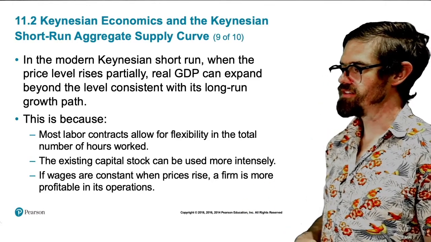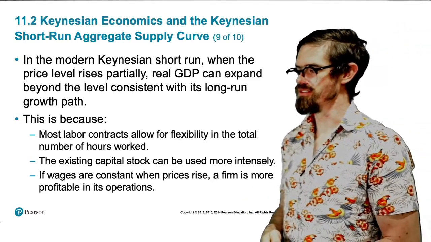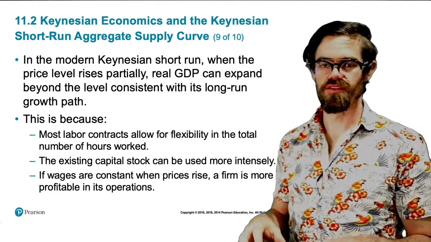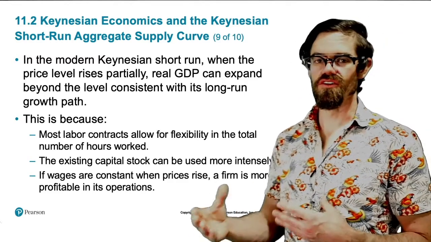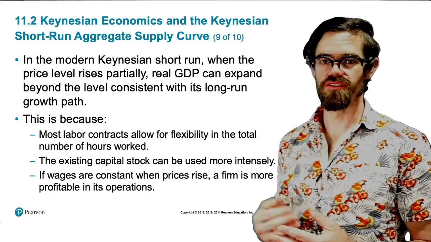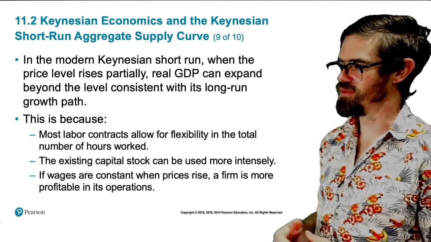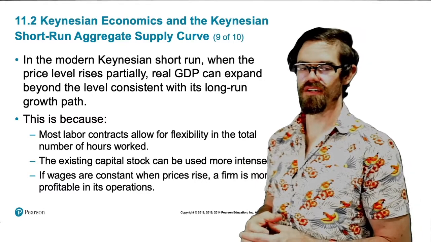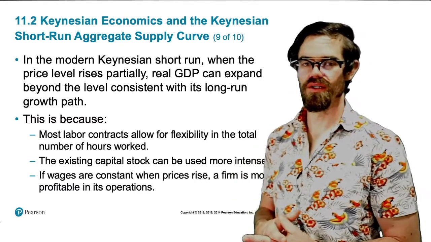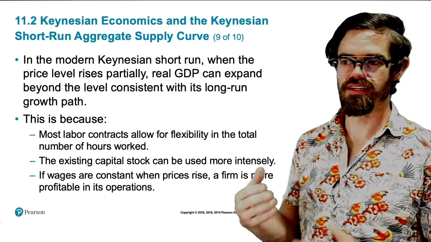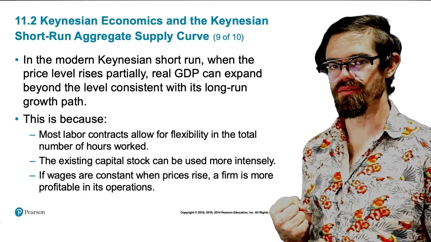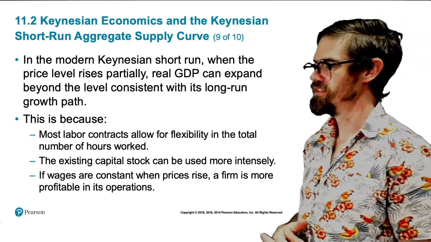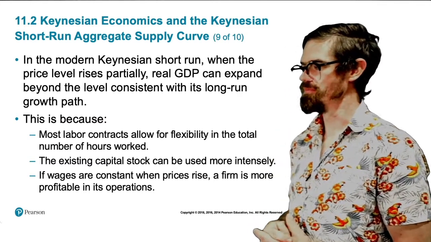And in addition to that, another reason is because the capital stock, right, the machinery and factories that are in place can be used to different degrees of intensity. Okay, so they can be used more intensely when prices go up, right? If prices go up, that incentivizes firms to try to squeeze more product out of their factories and machinery by using them more intensely.